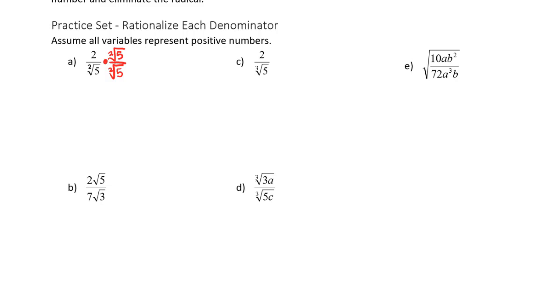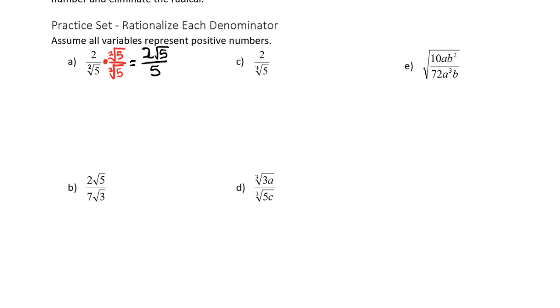In this case, root 5 multiplied to root 5. Remember, they're square roots. That would give you the square root of 25, which would come out as just a 5. And so we can rewrite this as 2 root 5 over 5.